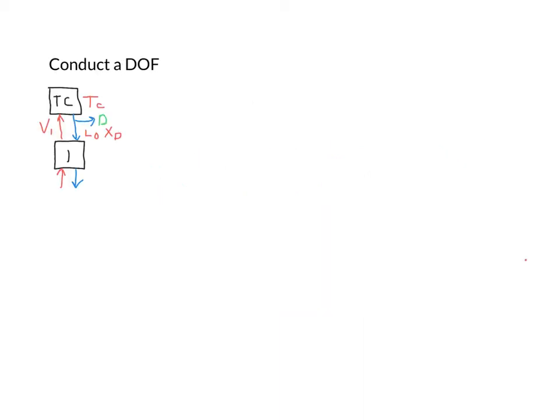The next step is to conduct a degree of freedom analysis. So we look at the unknowns. We have V1, TC, L0, and XD, the distillate composition.